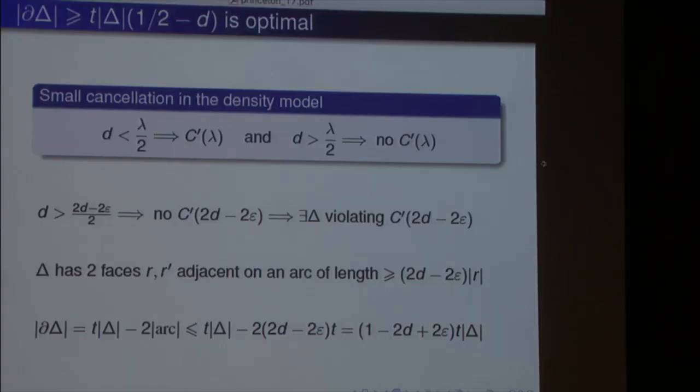And you see immediately that these two inequalities, for this specific diagram which we have because of no small cancellation, and this inequality, they're the same, right? So it shows optimality. Okay, so this is to see that what we get is optimal.